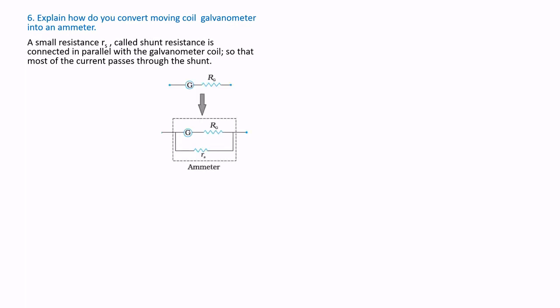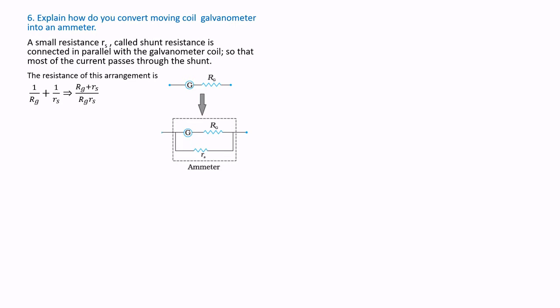This is the normal galvanometer, G is the galvanometer and Rg is the resistance of the galvanometer. Now we have to convert this galvanometer into an ammeter. In order to convert it, we have to connect a shunt resistance Rs in parallel to Rg.